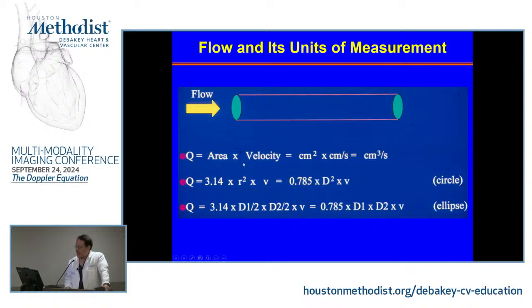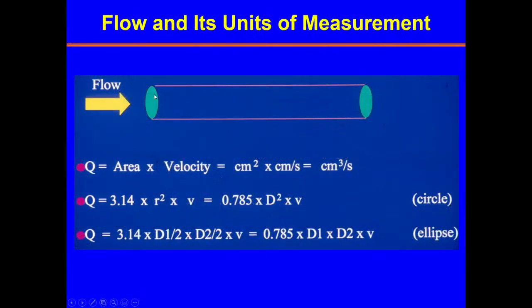To quantify flow, we can simplify by saying we are looking at blood, because that's what we're interested in, as opposed to any fluid going through a cylinder. The cylinder has a circular cross-section, and so the flow is given by the product of area and velocity. You can see, based on the units, that this would come to volume per second, or dimension cubed per second.